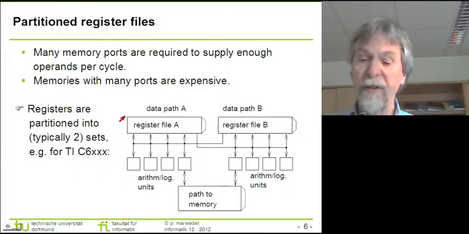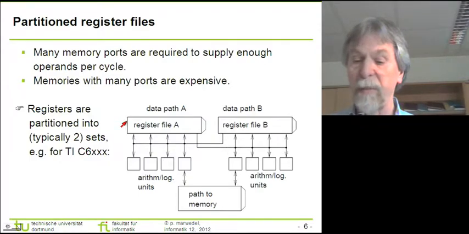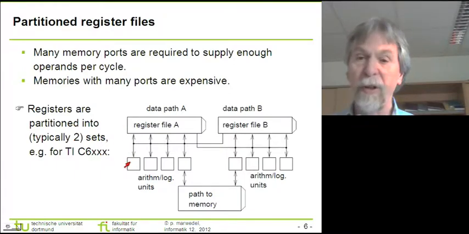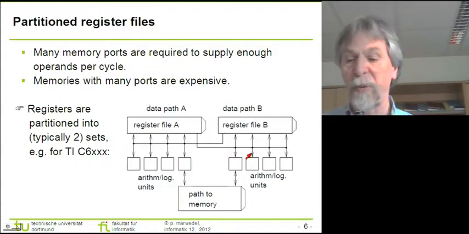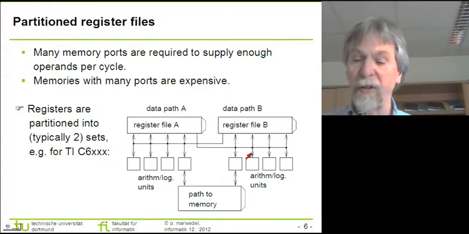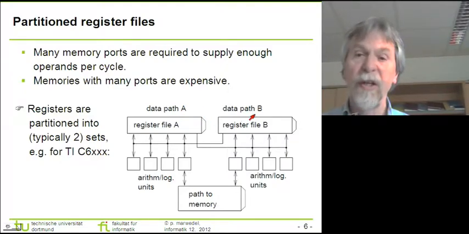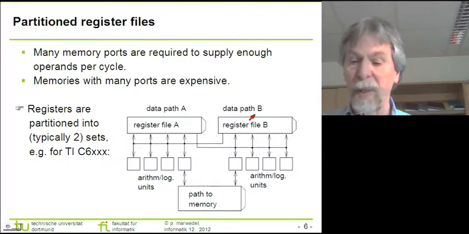In the case of the C6 architecture, this is done by partitioning the register file into 2 different register files, register files A and B, and certain functional units are attached to register file A, and others are attached to register file B. The compiler is in charge of figuring out which operations can be performed in parallel, and essentially also figuring out which operation can be performed in the so-called data path A and which can be performed in the data path B. So this partitioning is to be done by the compiler.